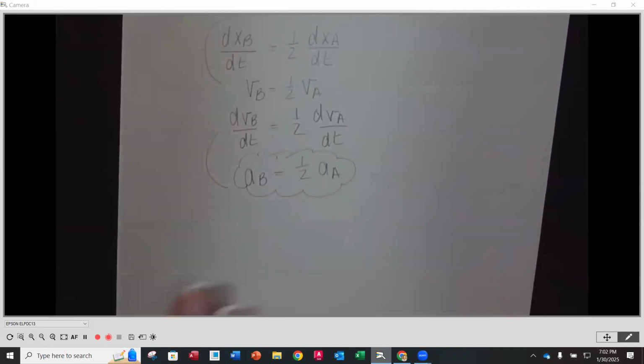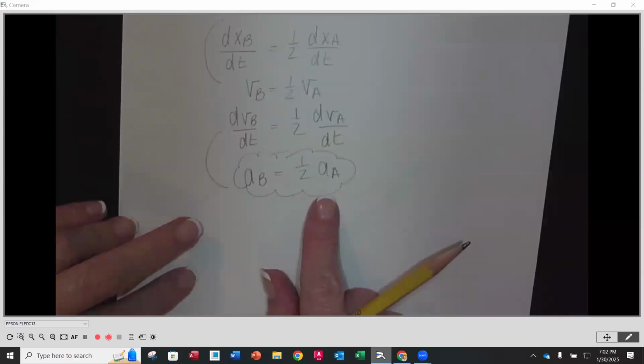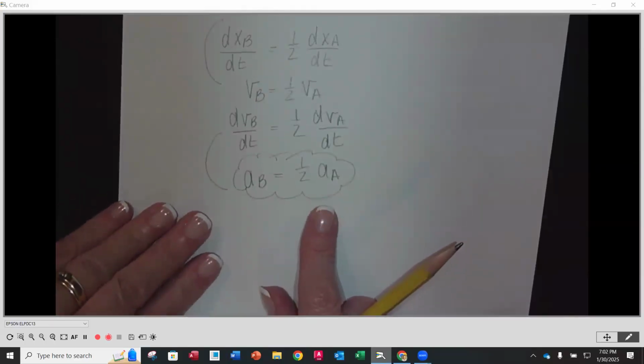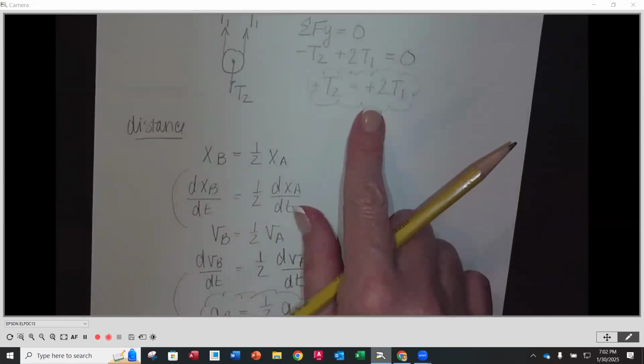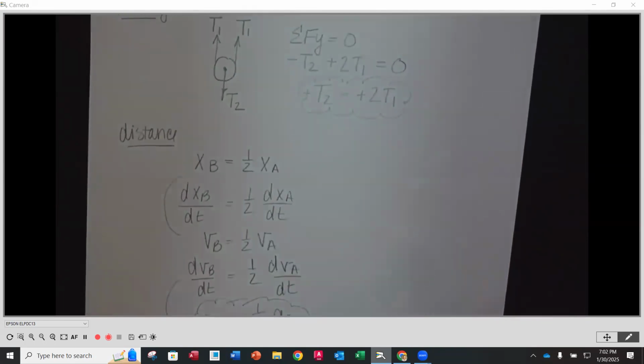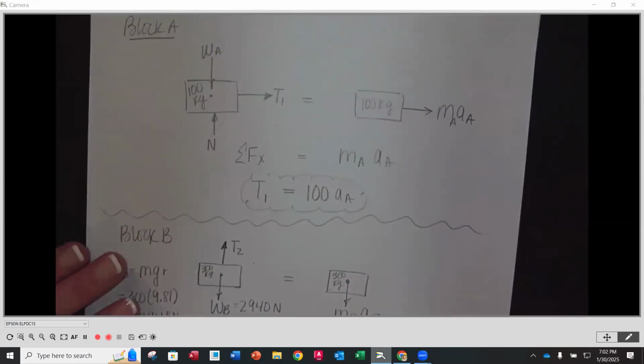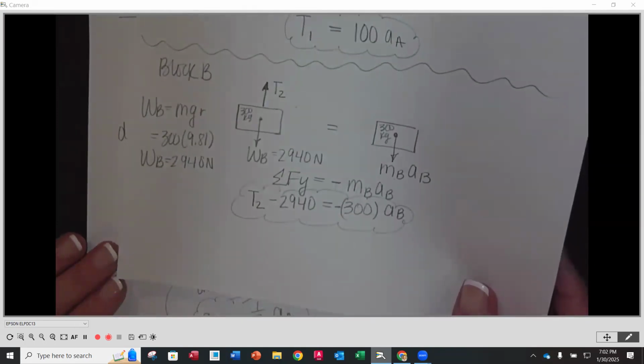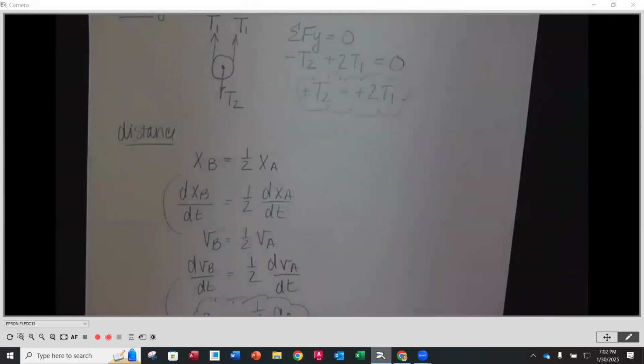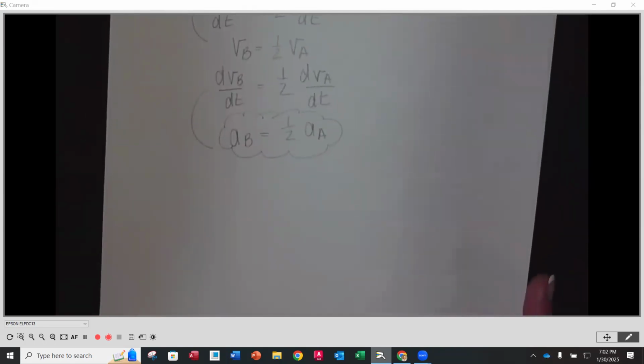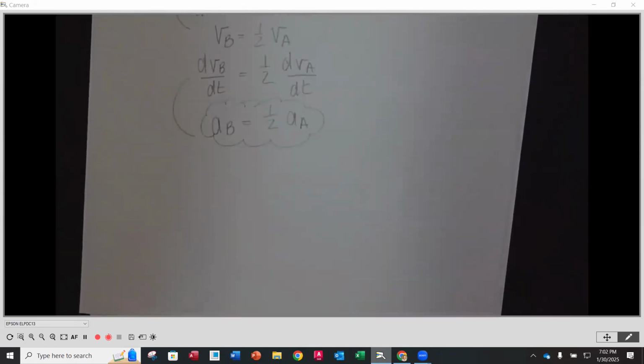All right. So now we have 4 unknown variables, but we have 4 equations. We have our relationship of our accelerations, the relationship of our tensions, and then the previous 2 based on the kinetics and the statics. So we have 4 equations with 4 unknowns.